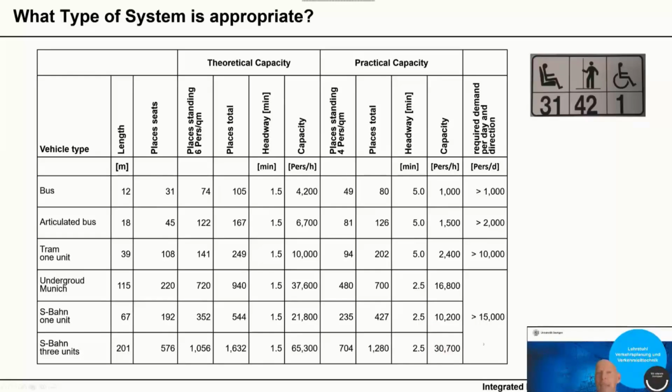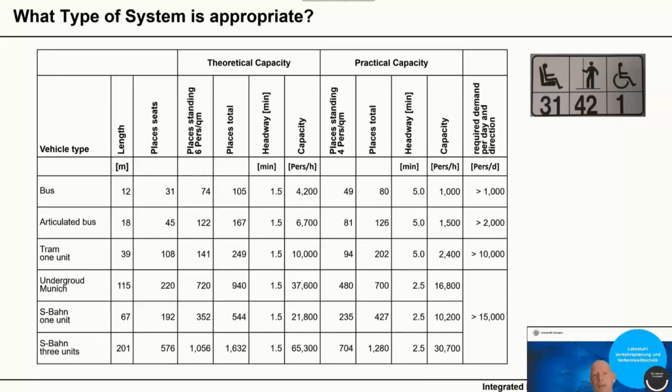Now, if you look at those values, 30,000 per hour per lane, you get an idea why we need rail-based transport. Because with cars, with one lane, if you work with a certain occupancy rate, you can transport maybe 2,500, maybe 3,000 persons.